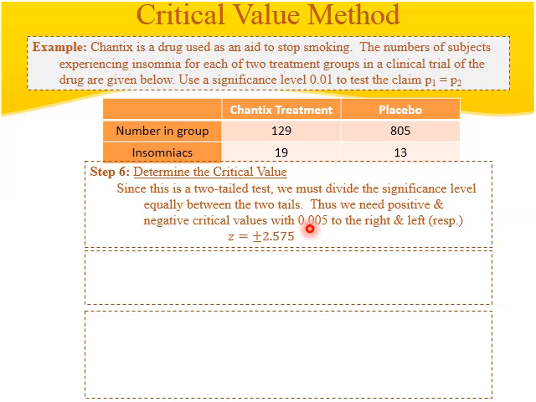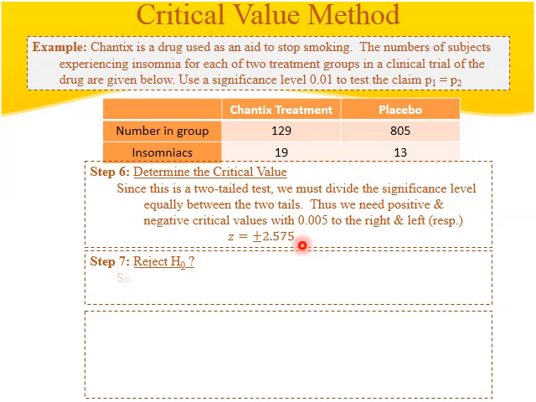If you look this up on your normal distribution table, you should find that the critical value negative 2.575 has 0.005 to the left, and the positive critical value 2.575 has 0.995 to the left, which means it has 0.005 to the right. So these are our critical values.